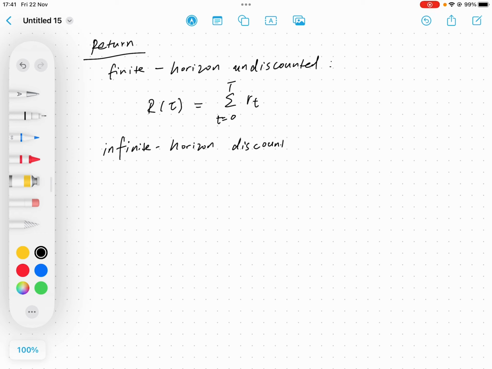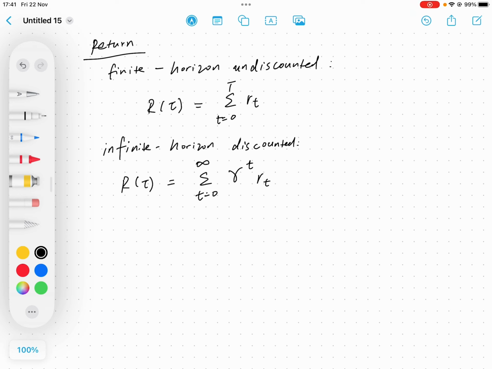So R of tau will be the summation to infinity, but here we have a discount factor gamma to the power of t times R_t. Those are very straightforward, right?